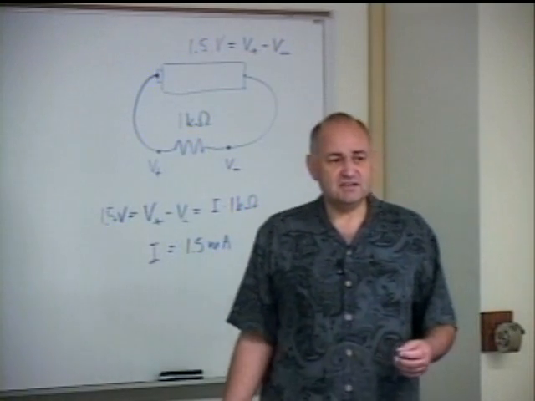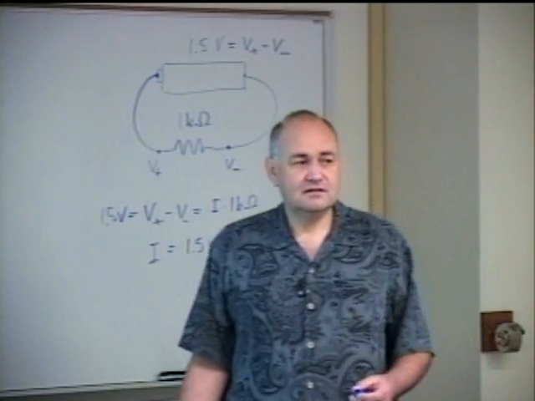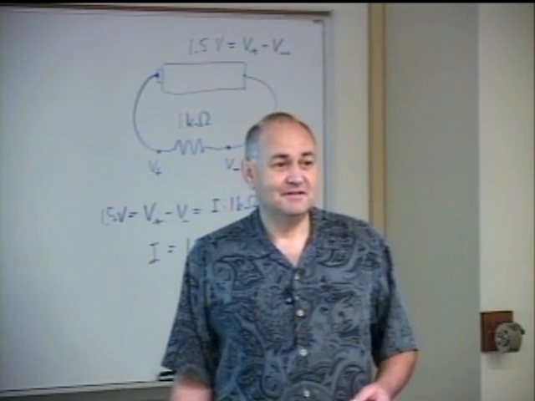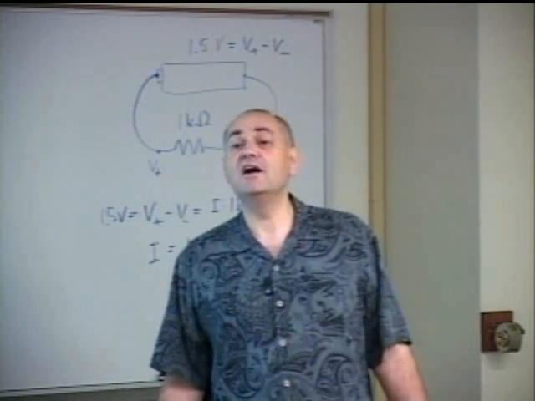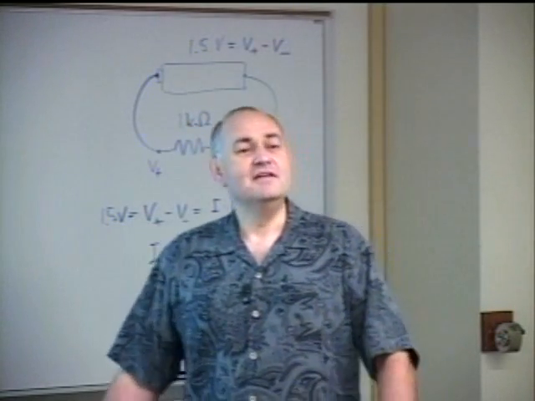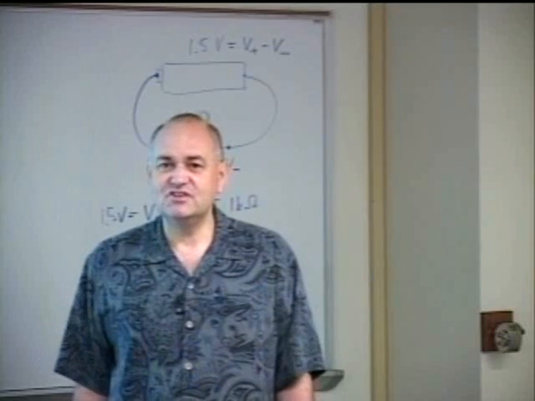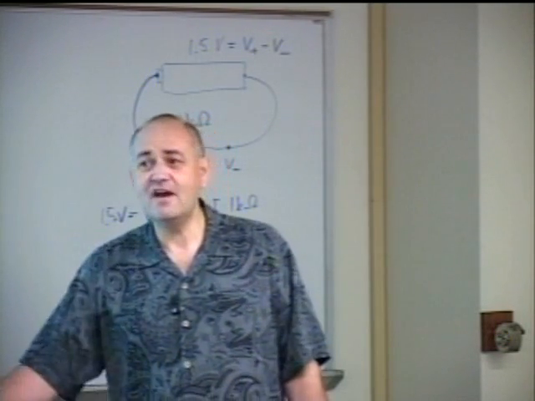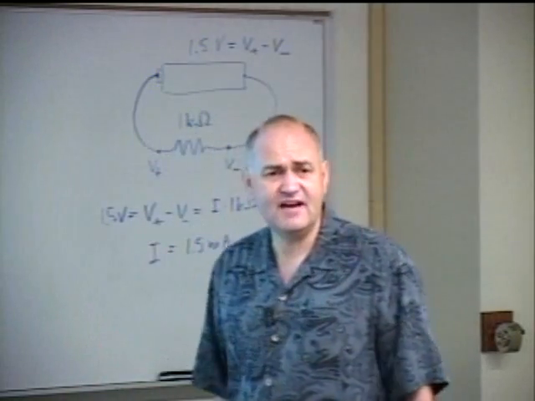What did I find? What is that 1.5 milliamperes? Current. Which current? Through the resistor. Okay. Now, which current through the resistor is 1.5 milliamperes?